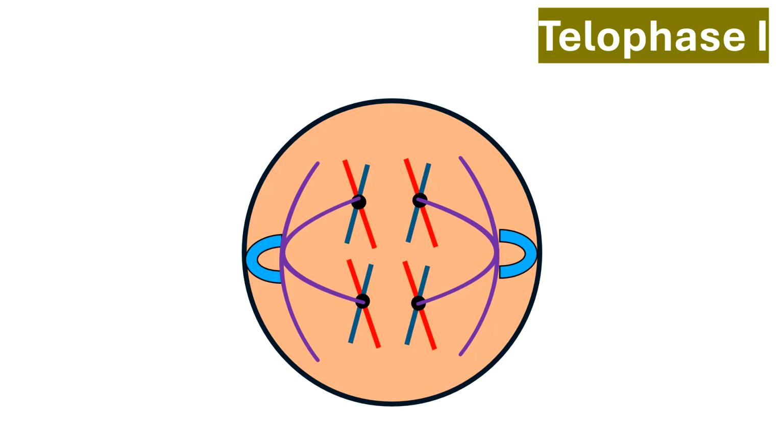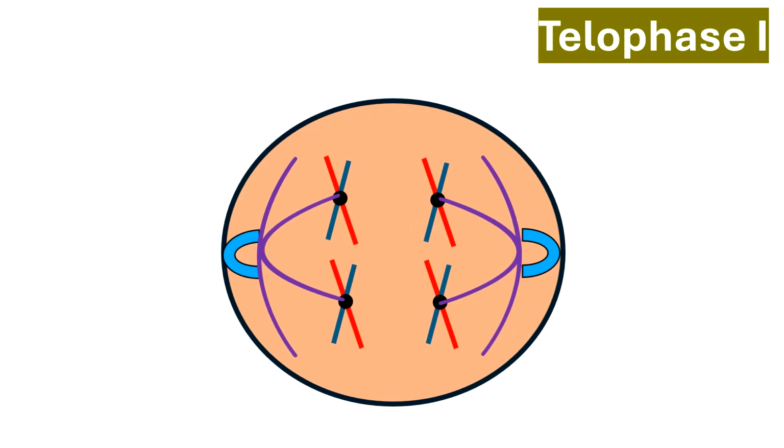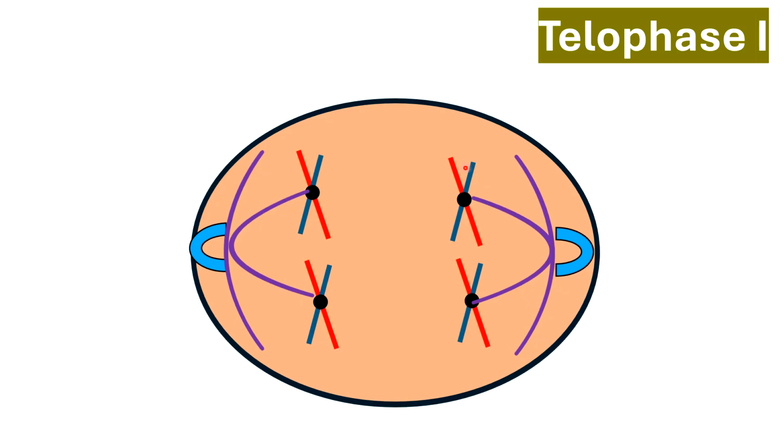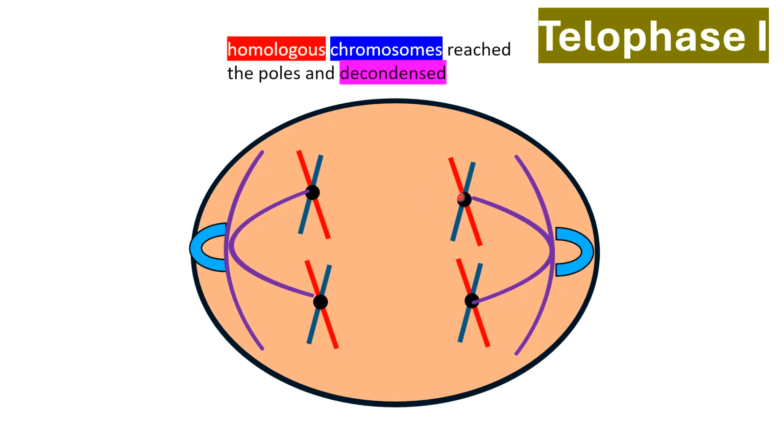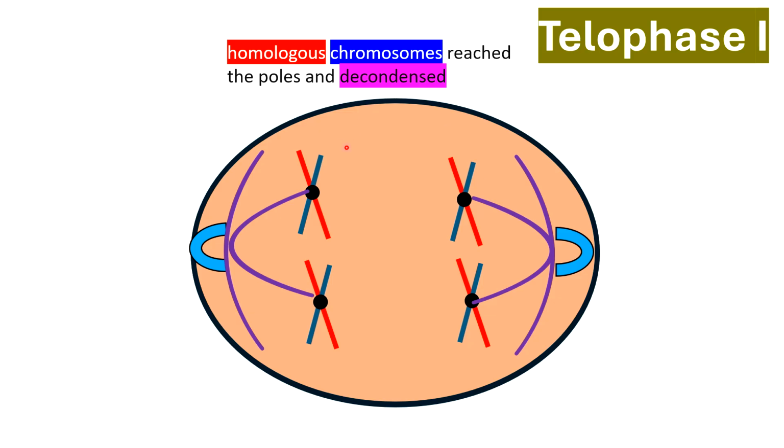Moving on to telophase 1, the cell has elongated, as you just saw, and the homologous chromosomes reach the poles and decondense. I couldn't find an animation to represent how they decondense, but essentially they've reached the poles, the ends of the cell after it has elongated, and the spindle fibers have pulled them here.